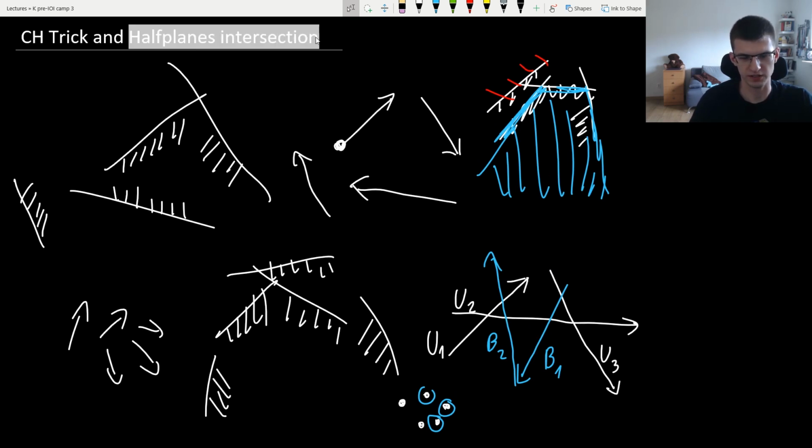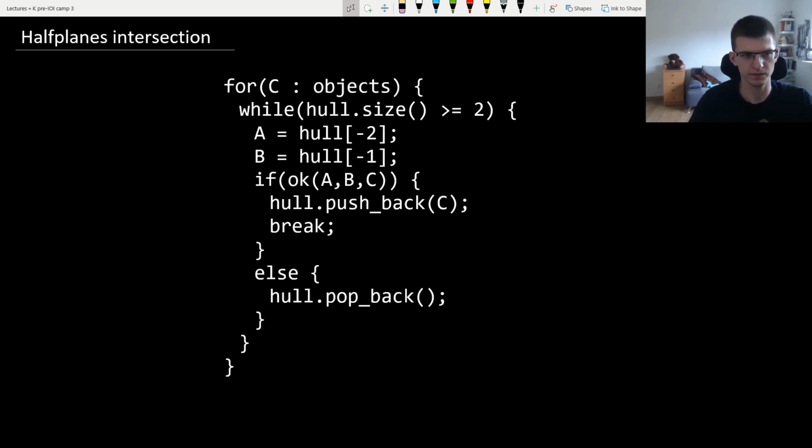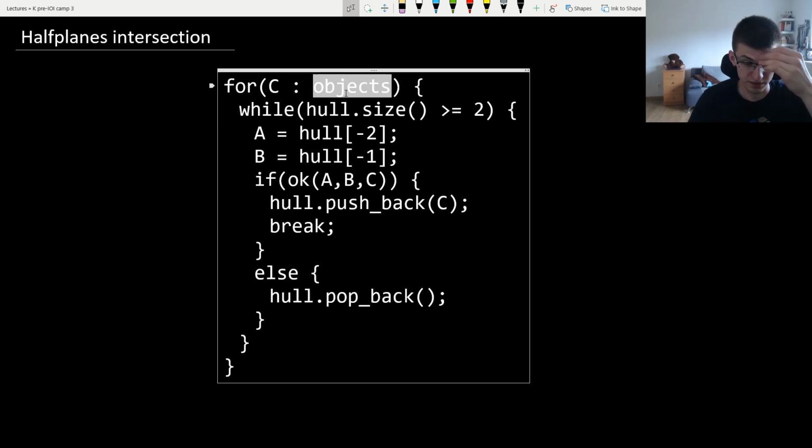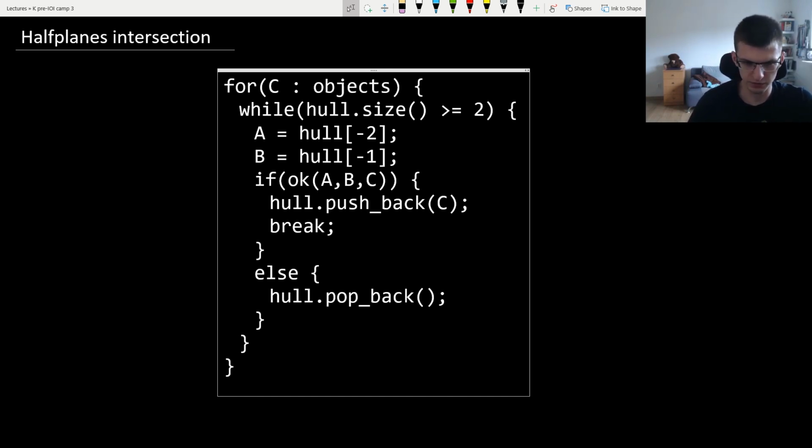This is now just half planes intersection. Let's say that objects contain all the points, not split into upper and below part, just all the lines, sorted by slope, whole 360. And then at the end, we do the following.